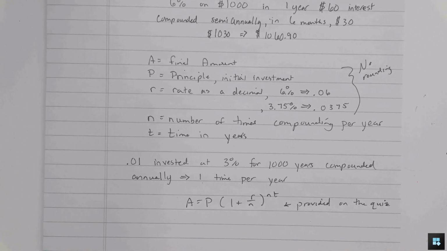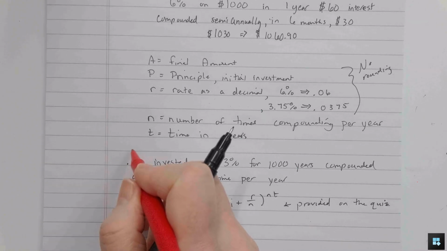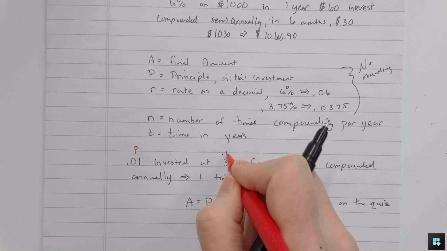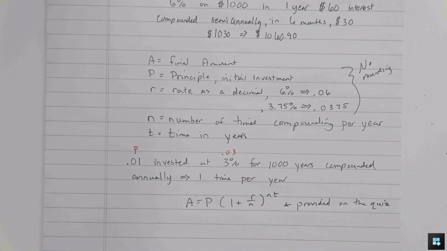So let's see, 1 penny, 0.01, that's the principal. We talked about that. The 3%, what would that be? Yep, R. And we write it as 0.03. I get a lot of quizzes that use 3 instead of 0.03, so make sure you're not the one making that error.